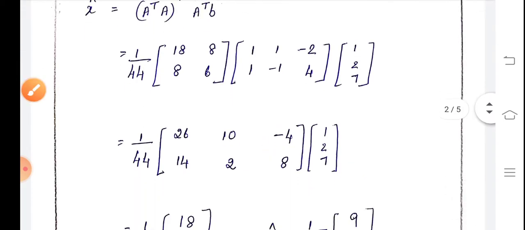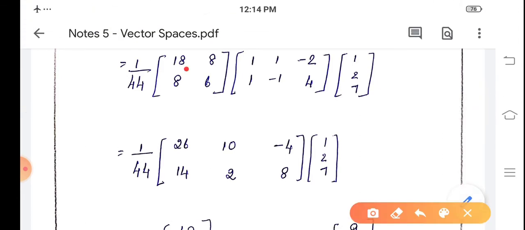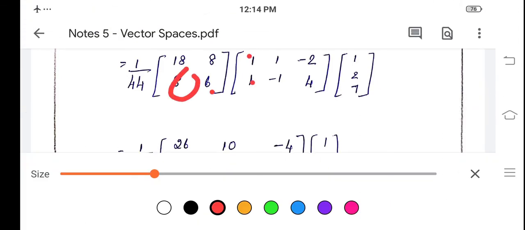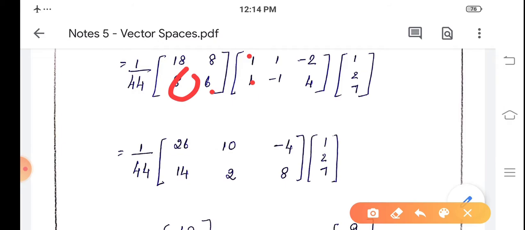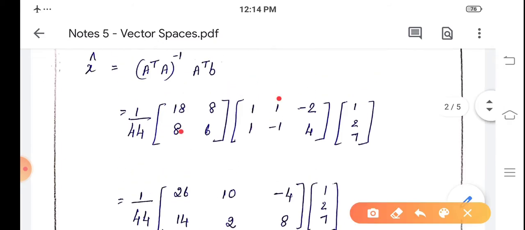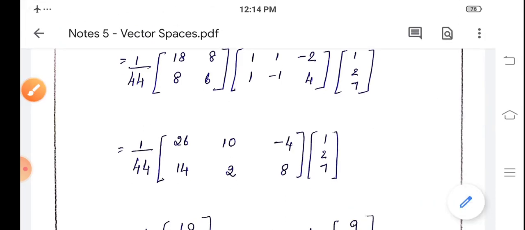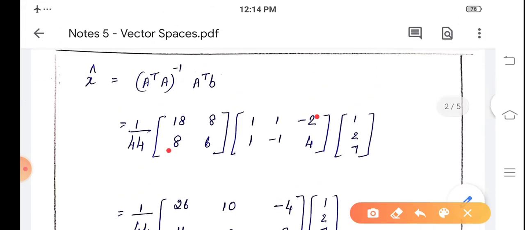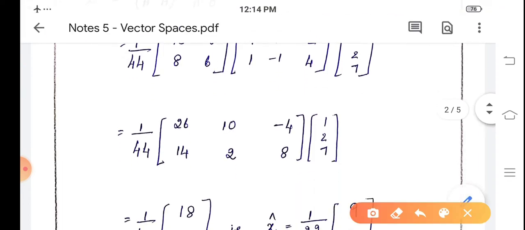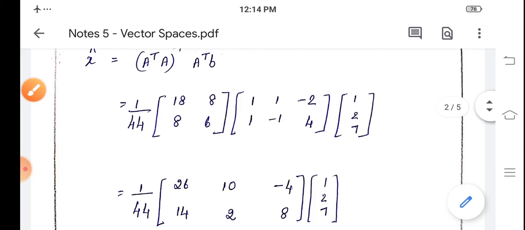Similarly, for the second row, 8 into 1 plus 6 into 1 is 14. Then 8 into 1 plus 6 into minus 1 gives 2. Next, 8 into minus 2 plus 6 into 4 gives 8.